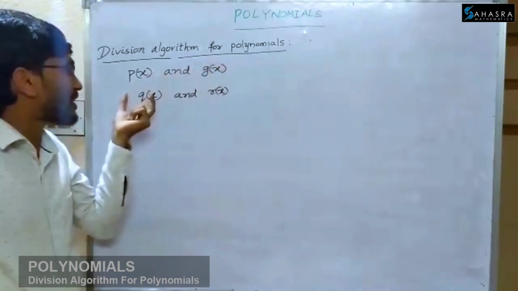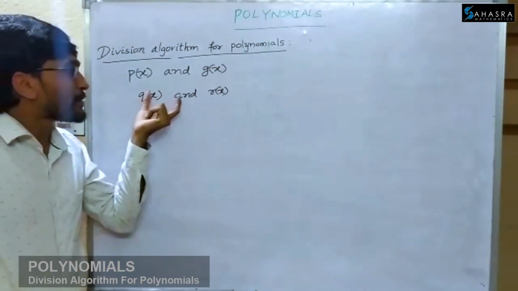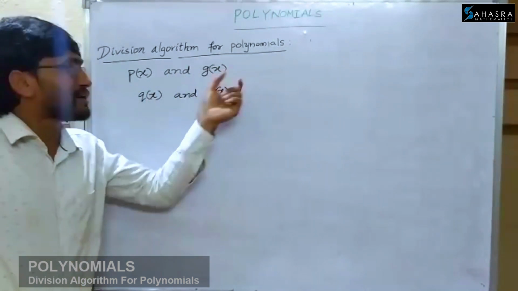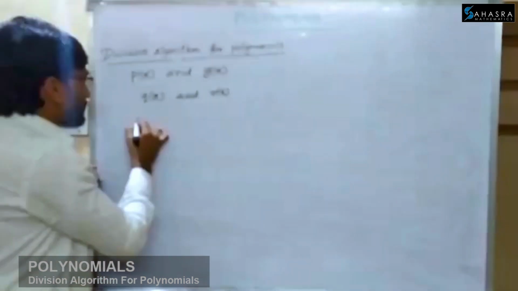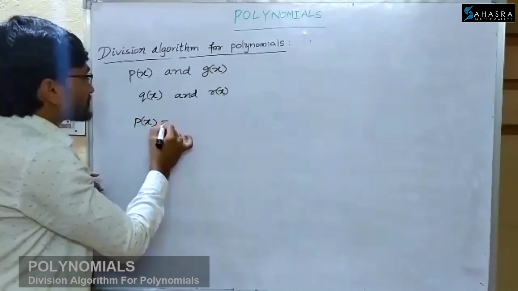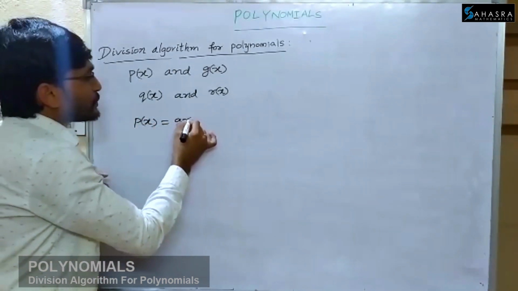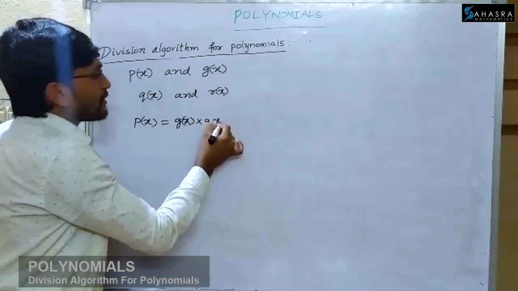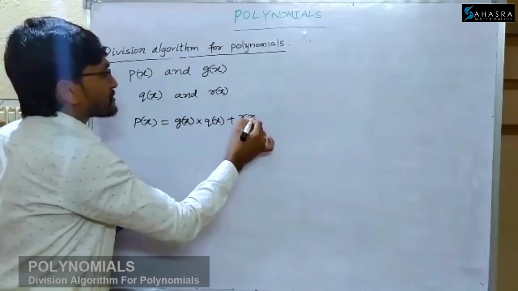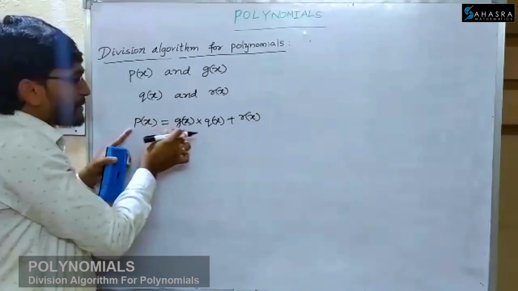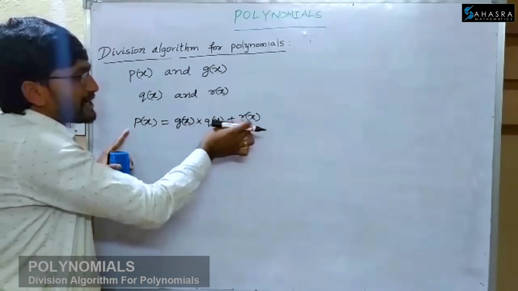Then there exist unique polynomials q of x and r of x such that p of x can be written as g of x into q of x plus r of x.